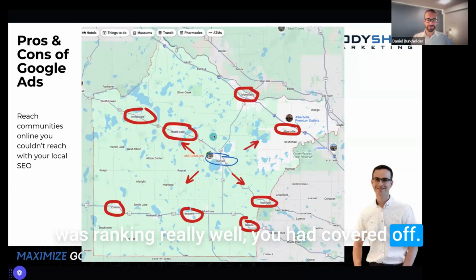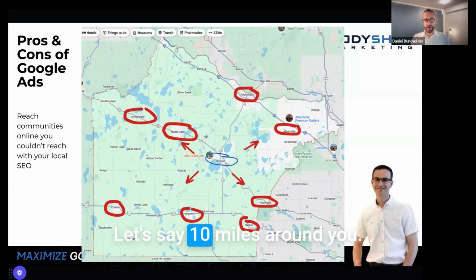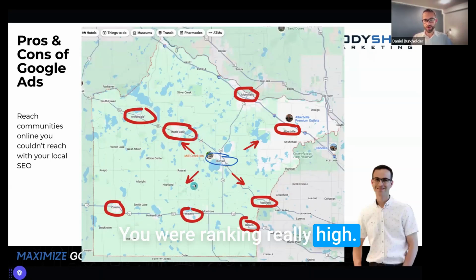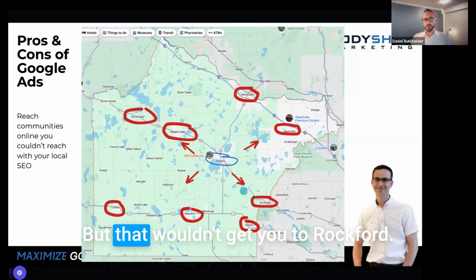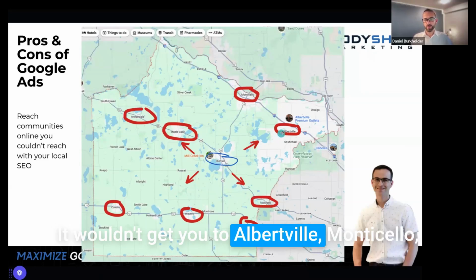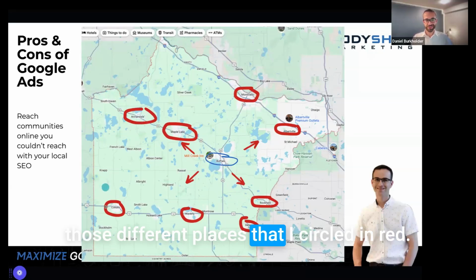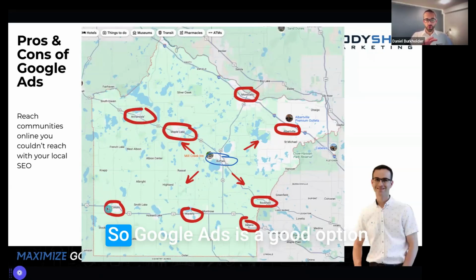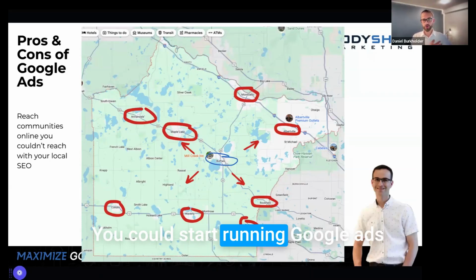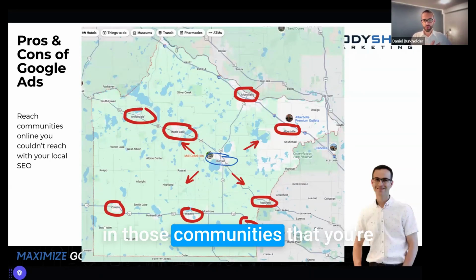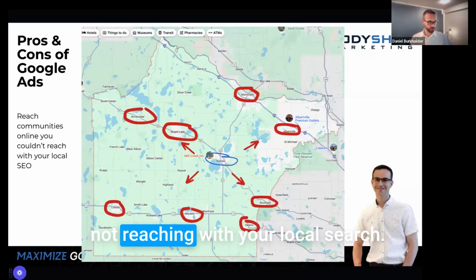You had covered, let's say, 10 miles around you. You were ranking really high. You were number one, number two around you. But that wouldn't get you to Rockford. It wouldn't get you to Albertville, Monticello, those different places that I circled in red. So Google Ads is a good option here to help push you out to those. You could start running Google Ads in those communities that you're not reaching with your local search.